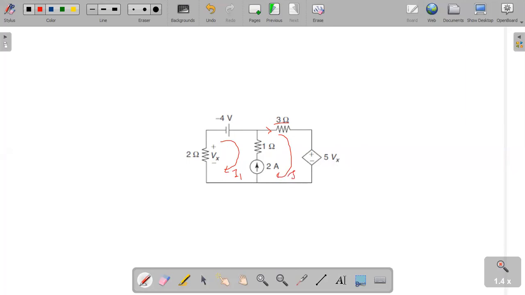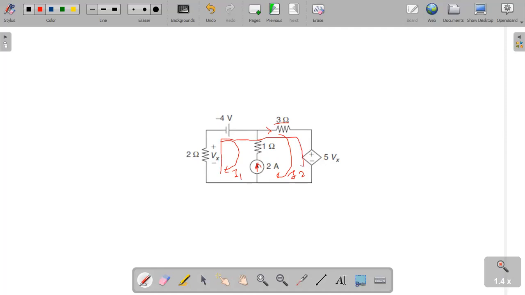Now, as we have seen the definition of super mesh just now, between these two meshes we have a current source of 2 ampere present in the common branch. And that is why this is forming a super mesh, and we cannot apply the mesh analysis or the KVL equation to these individual loops. That is why we will have to apply the KVL to this entire super mesh.